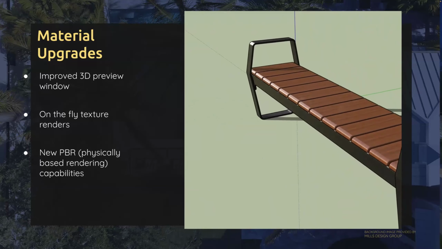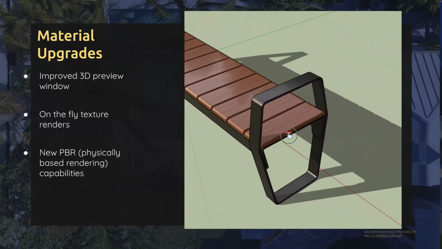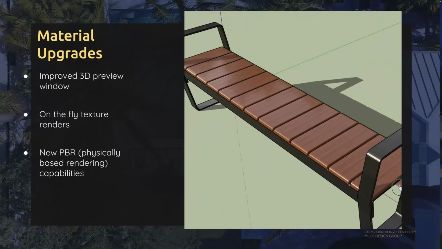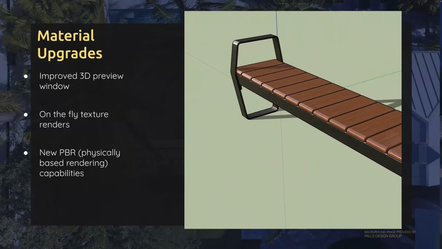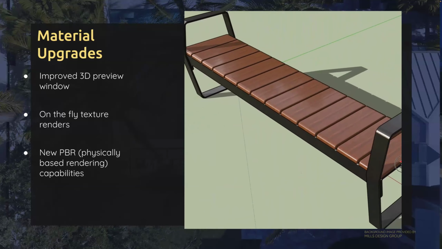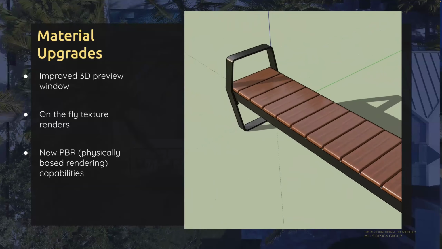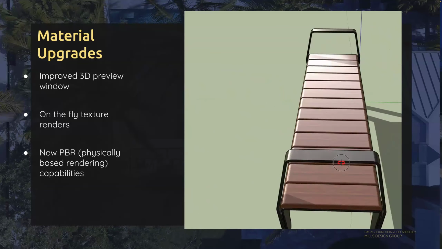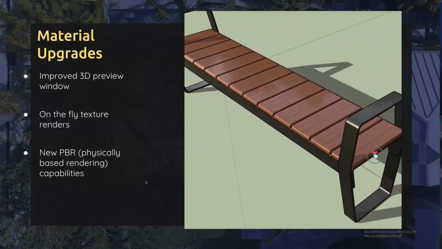So really integrating in with a lot of the render, Lumion and stuff like that. It's not at that level, but it is a way to actually see what these materials are going to look like in your model. So we're working diligently on making sure that all of our stuff is going to have that capability as well. So it's pretty darn cool stuff.